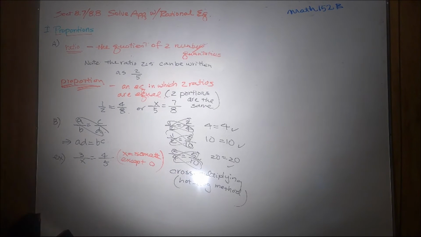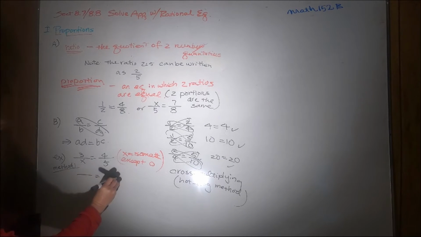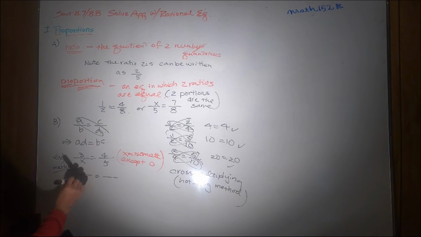Like before, if we use the traditional way we have been doing for rational equations, is this a rational equation? Yes, because of fractions, right? So if we did it before, method 1, the way we do it is what? Make the same denominator, right? 5 and x is what? 5x, right?